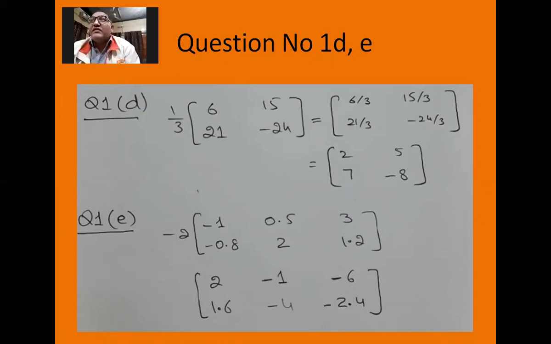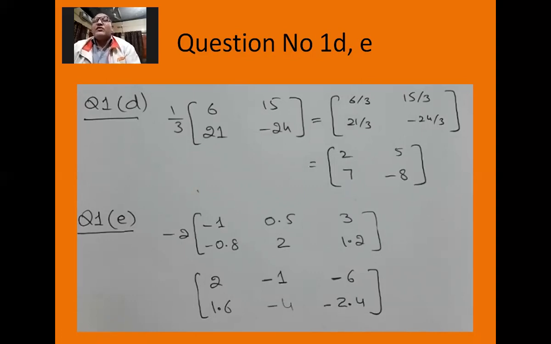So 1 by 3 will multiply with the 6, and it will be 6 by 3, which will be 2. 1 by 3 will multiply 15, which will be 15 by 3, and the answer will be 5 after the simplification. 1 by 3 will multiply with 21, that will give you 21 by 3, and that will be 7. 1 by 3 will multiply with -24, and it will be -24 divided by 3, and it will be -8. So this is how you will solve question number 1, D part.